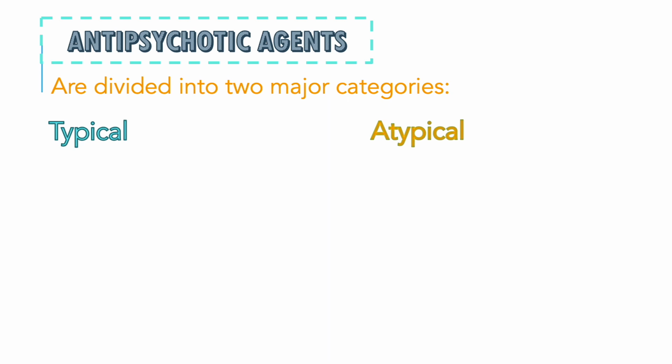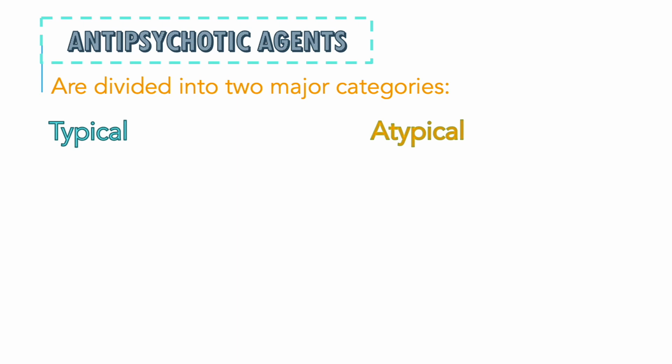While the atypical antipsychotic agents are effective in treating both the negative and the positive symptoms of schizophrenia. Okay, let me repeat that one. Typical is only effective for positive symptoms of schizophrenia, while atypical is effective in treating both the negative and positive symptoms of schizophrenia.